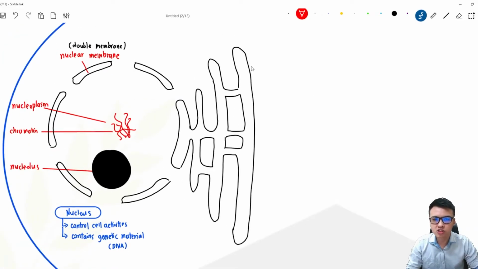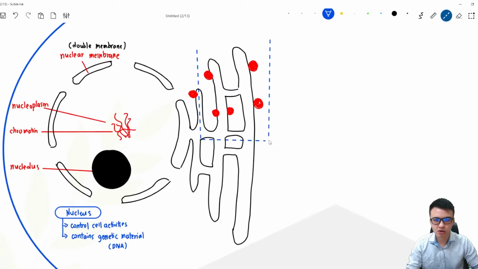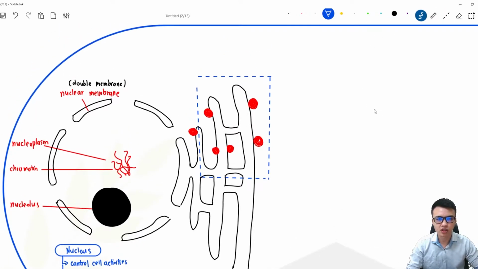So guys, look at this structure. Some parts of this structure have balls sticking on the surface of the organelle. This structure is known as the rough endoplasmic reticulum.